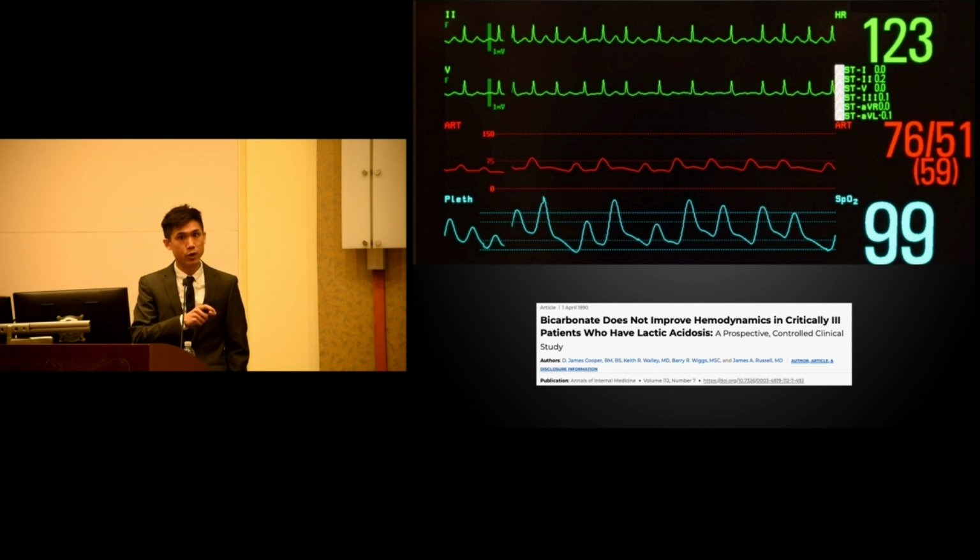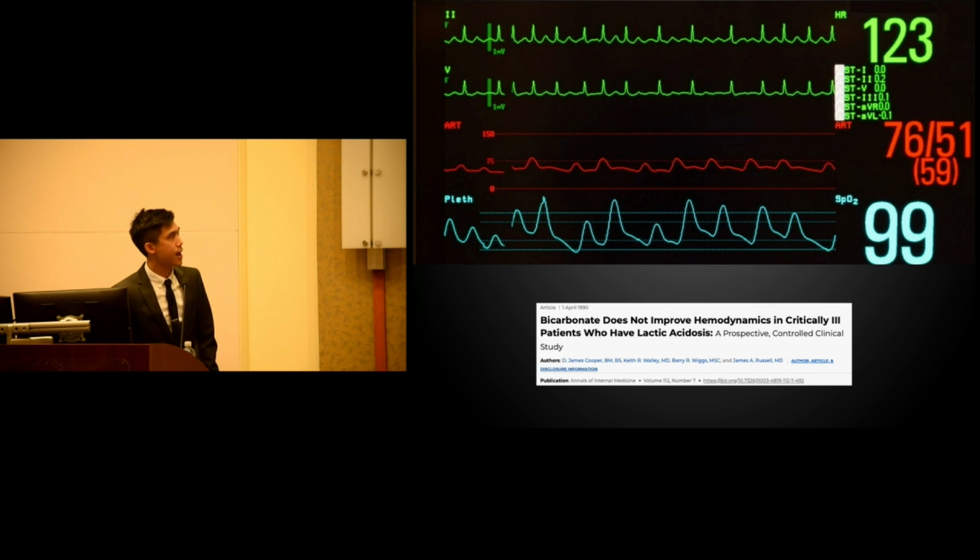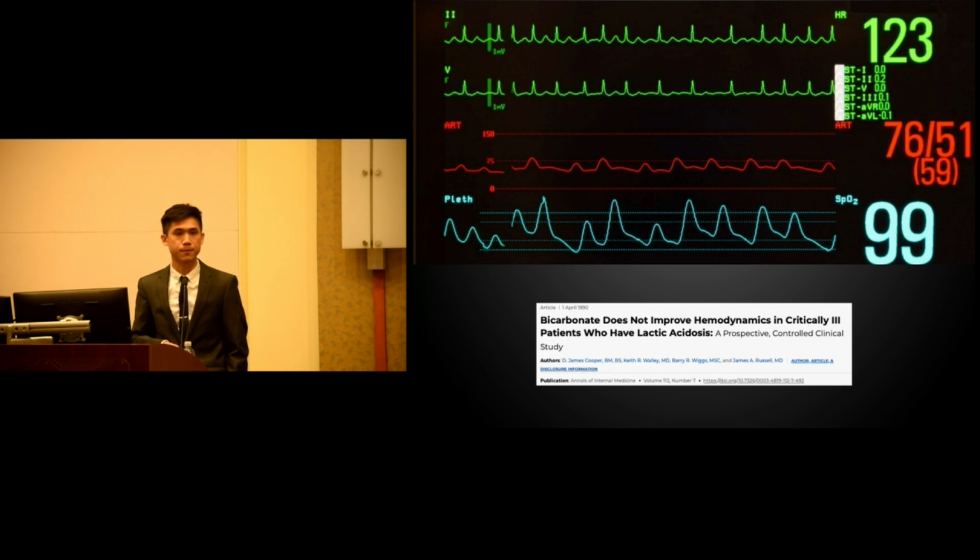So what you could derive from that is that it's not the correction of the acidosis that may help in a patient who received bicarb, but actually just the volume load, whether there's a preload augmentation that has happened.